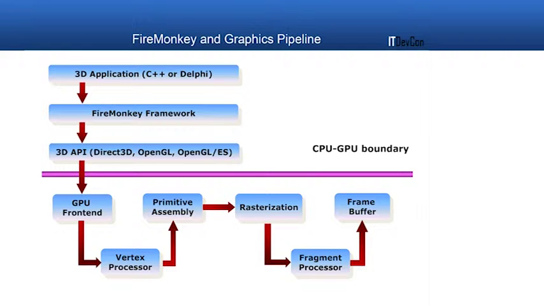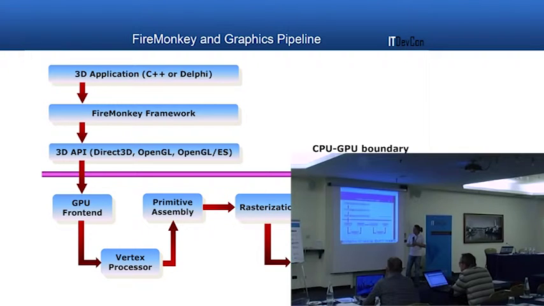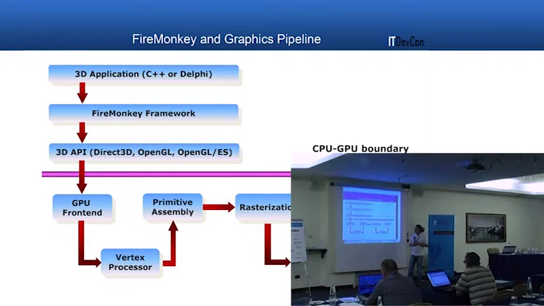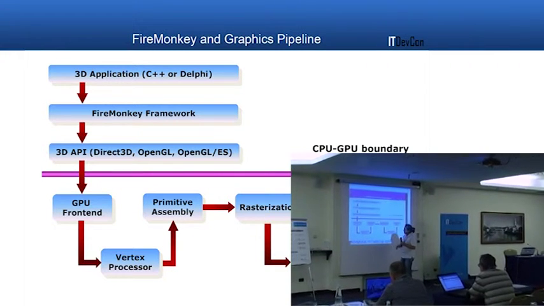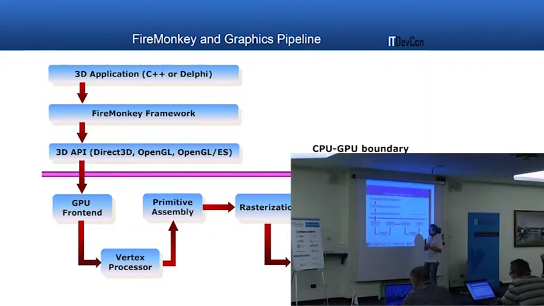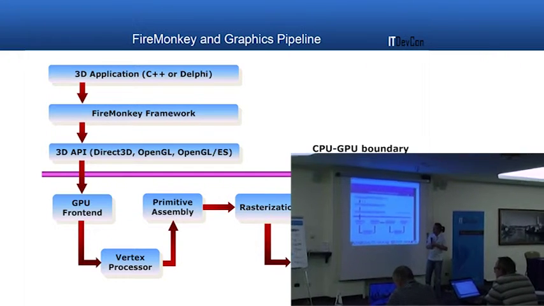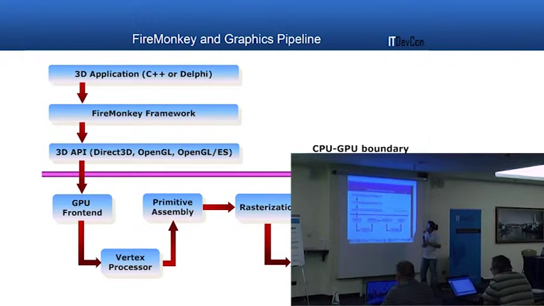With these APIs, you talk to the graphics processing unit that is responsible for rendering. This is a graphics pipeline that is typical for contemporary GPUs. We have programmable so-called shader processors, which are pieces of code that are executed natively on a GPU.